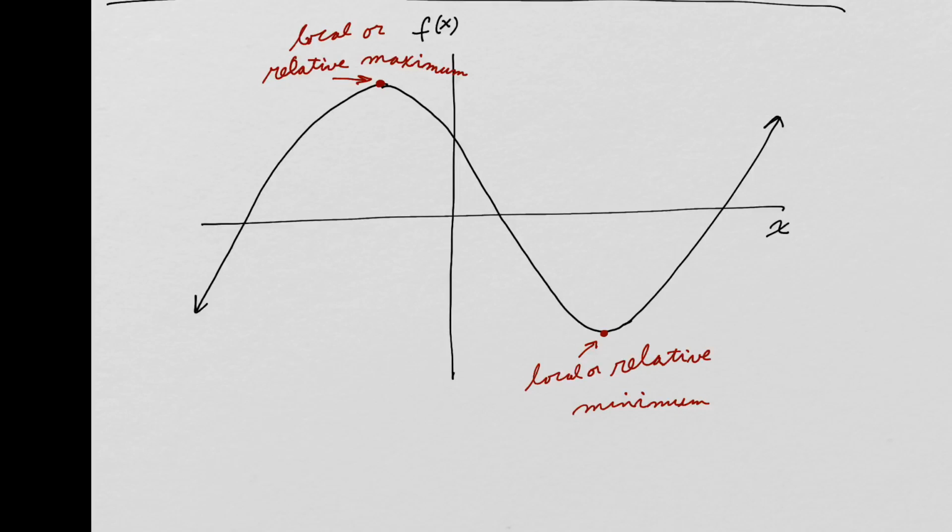Let's say I pick a point A right here and then a point B. So it's increasing if f of B is greater than f of A, where B is greater than A.